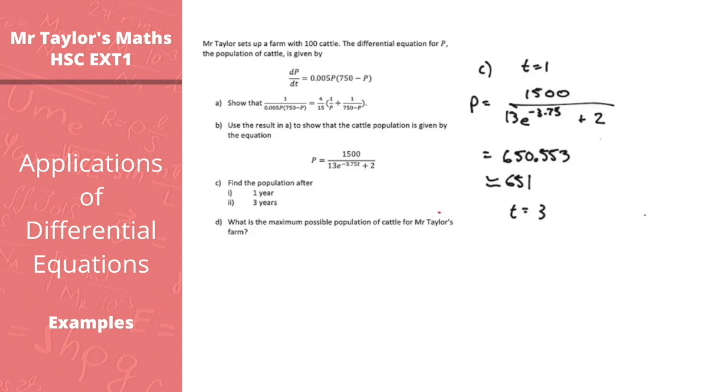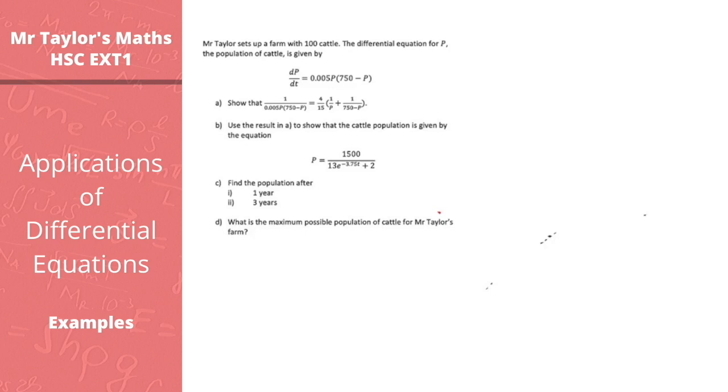And when t equals 3, then P will be 1500 over 13 e to the minus 3.75 times 3 plus 2, and that is 749.937, approximately 750.